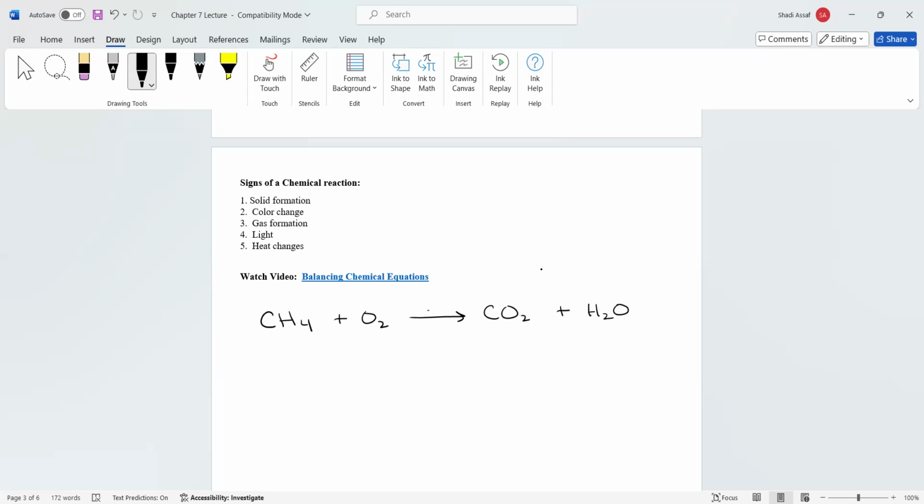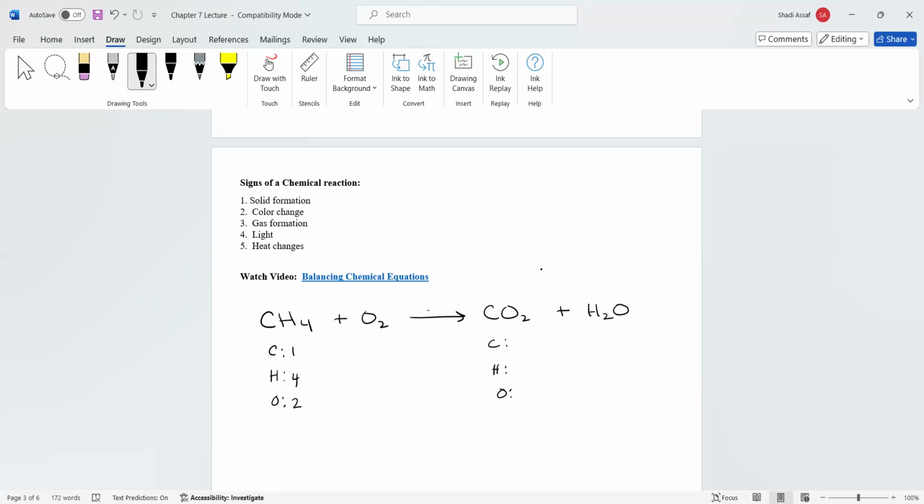So in this case, what we can do is the bookkeeping method. So we say, okay, we have C, H, and O. I'm just going to tell you, you really want to play around with these numbers, and it's really like solving a puzzle. So in this case, we have one carbon, four hydrogens, and two oxygens.